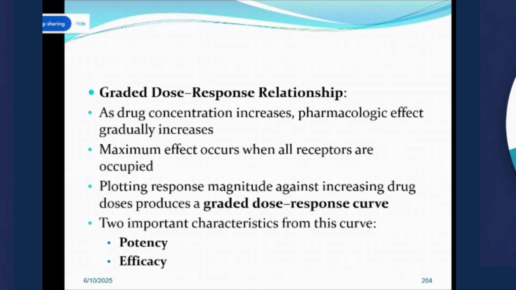Okay. As drug concentration increases, pharmacologic effect gradually increases until all the receptors are occupied. It's just like an enzyme reaction. Once all the sites are saturated, there'll be no more further change in the rate of the metabolic actions.